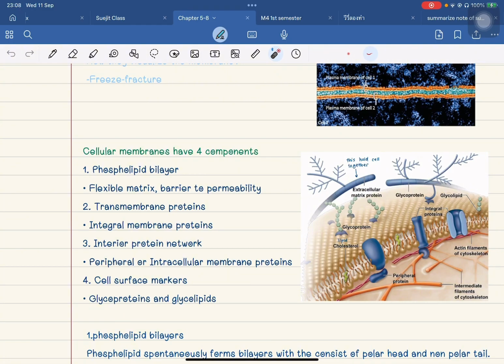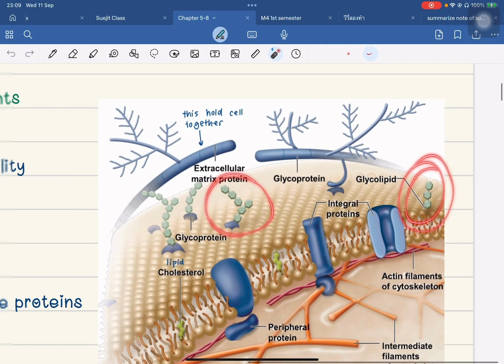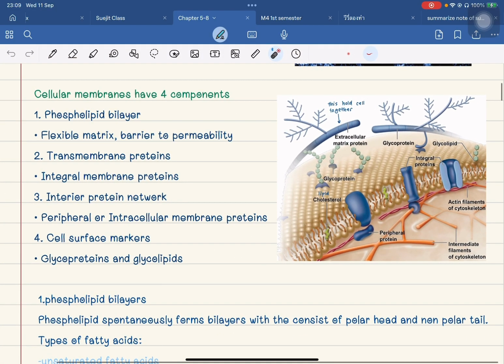Third is the interior protein network, or the peripheral or intracellular membrane protein, which is these ones that come outside from the phospholipid bilayers. The last one is number 4, the cell surface markers, which is this one. These are the glycoproteins and the glycolipids.